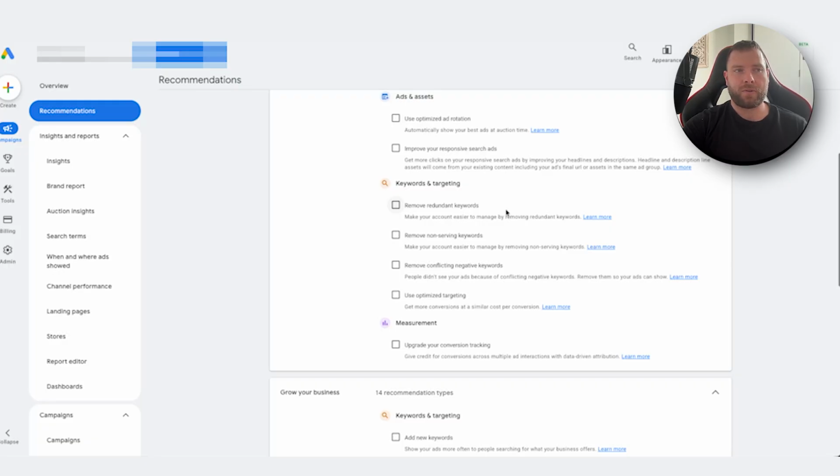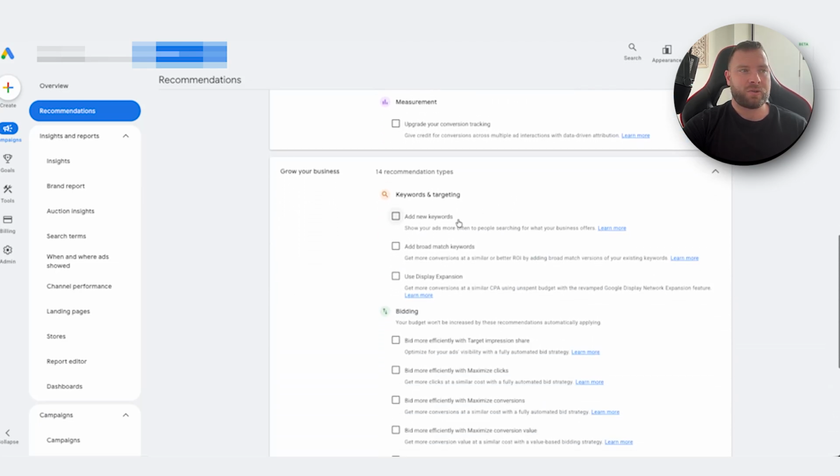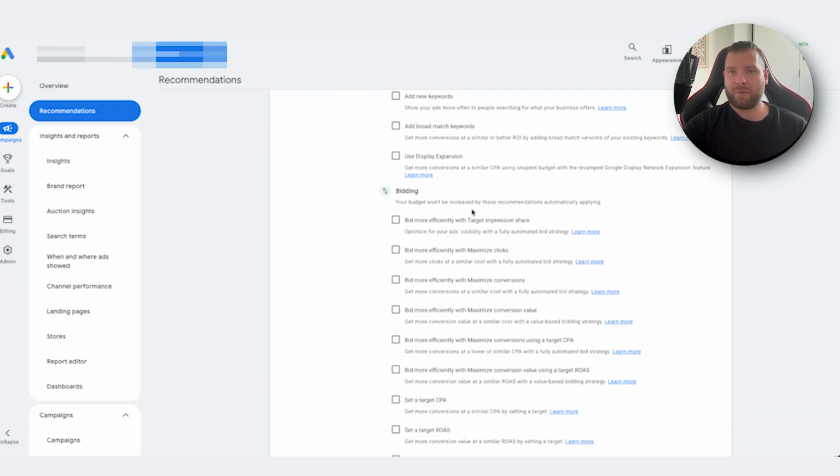However, they don't look at the cost per lead and therefore they can turn off really good performing keywords. The next thing is adding new keywords in and adding broad match keywords. Now these will expand the keywords that are in your account and ultimately leave you with no control over the type of traffic you're getting and the search terms you're matching against. As mentioned, everything else you can have a look for yourself, but we'd recommend keeping it all off.